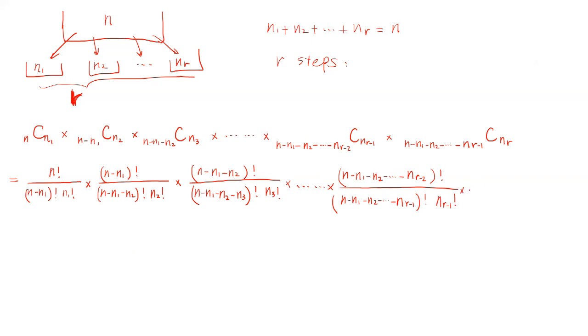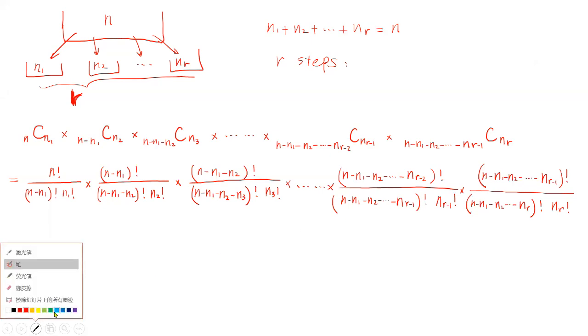How about the last term? The last term is n minus n1 minus n2, etc., minus n r minus 1 factorial over n minus n1 minus n2, etc., minus n r factorial times n r factorial, right? Now let's see if we can cancel any of the terms here.